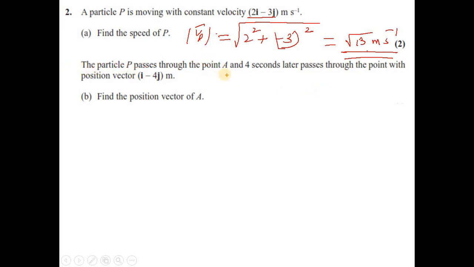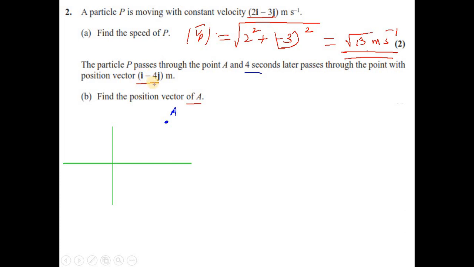The particle P passes through the point A, and 4 seconds later passes through the point with the position vector i minus 4j. Find the position vector of A. Okay, the situation is, if you draw the situation, this is your coordinate axis, you can plot, and with respect to an origin, the particle P at t equal to 0 was at a point A, and after 4 seconds the particle is passing through the point with the position vector i minus 4j.